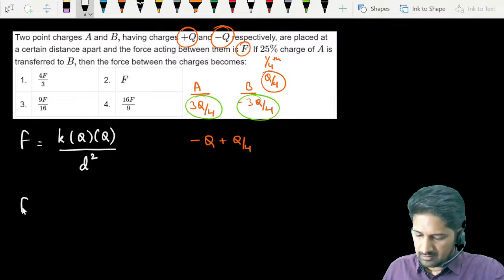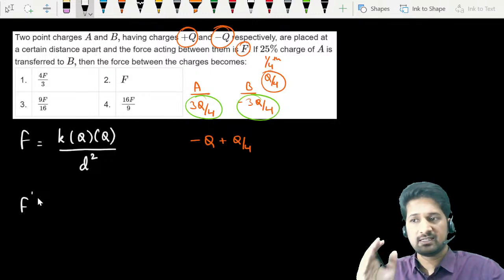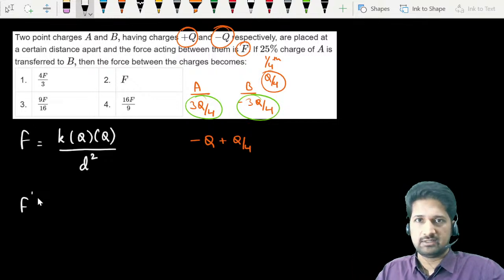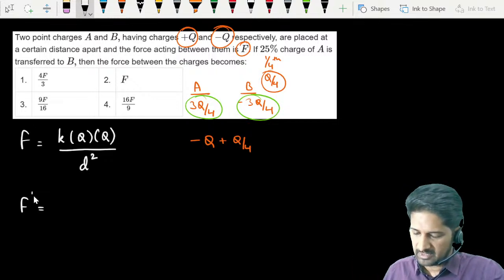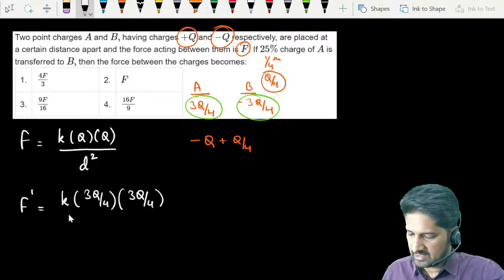So the magnitude of charge has changed. The distance will remain the same but the charges have changed. So what will happen? The force between them will change. So the new force between them, let's call it F dash, will be K, one charge is 3Q by 4, the other charge is also of magnitude 3Q by 4, divided by the square of the distance between them.